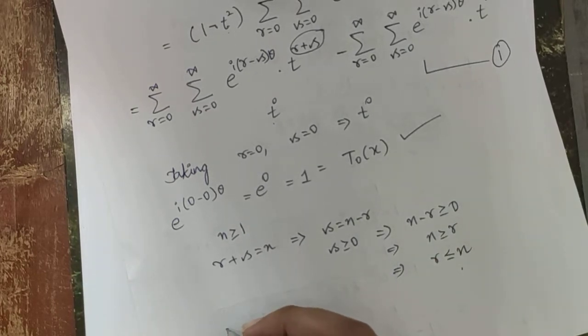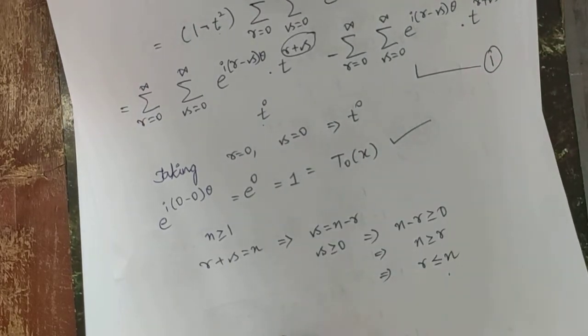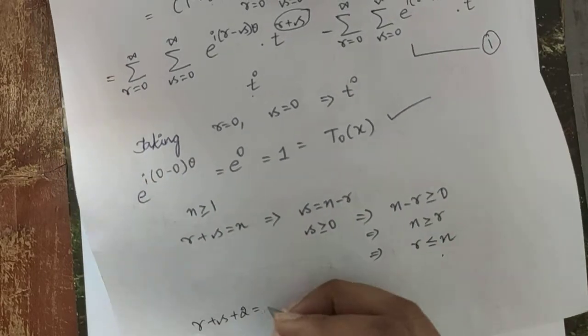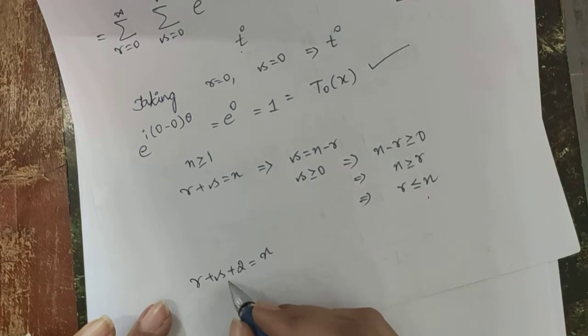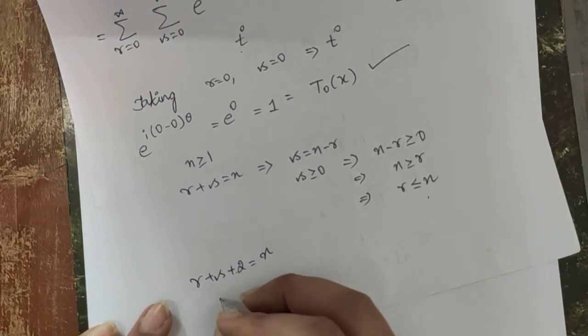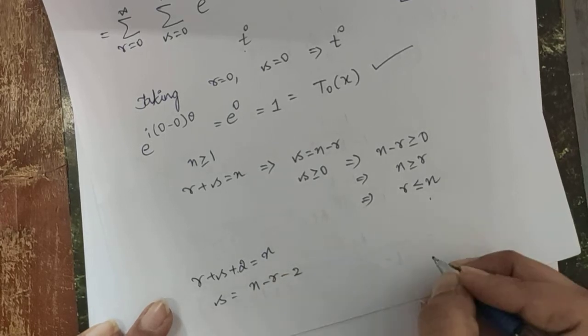So we can write this, and for this part, let's consider r plus s plus 2 is equal to n. Okay. So r plus s plus 2 is equal to n means s is equal to n minus r minus 2.